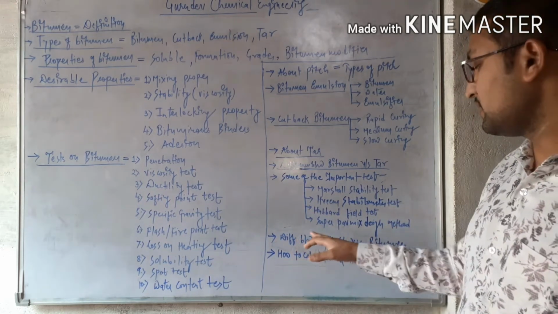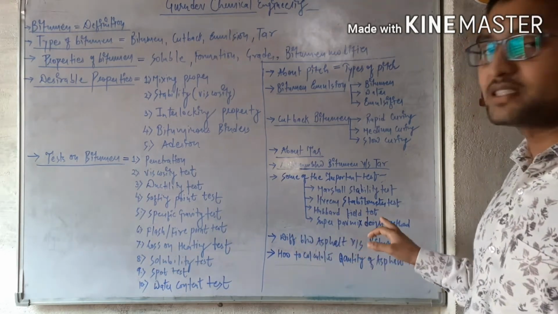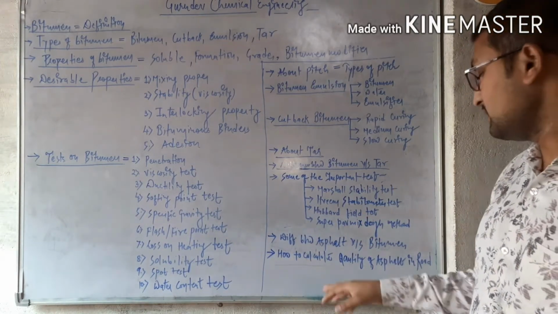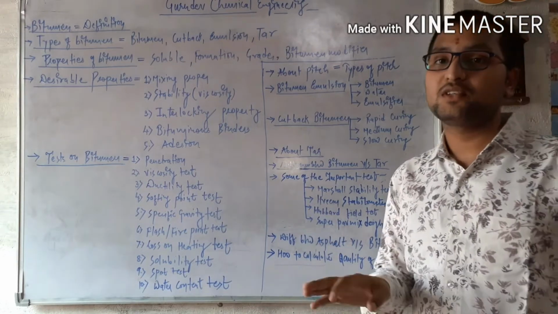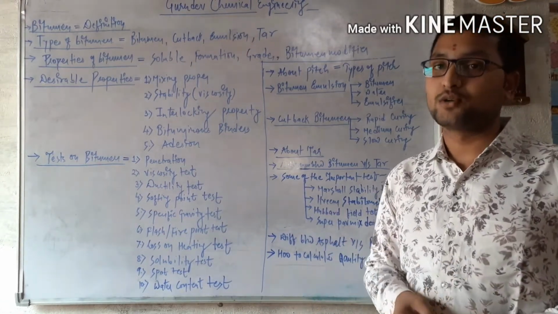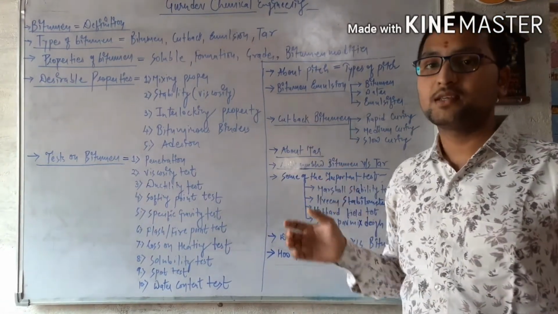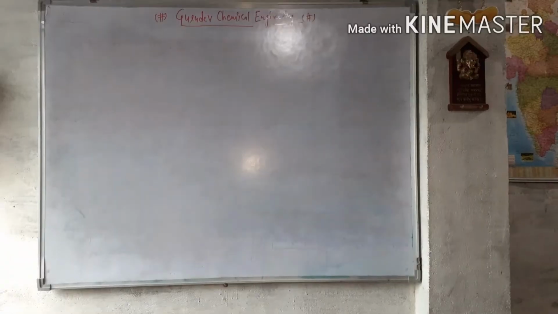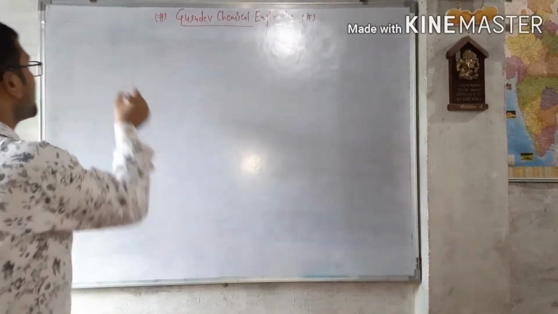We will also know the difference between asphalt versus bitumen, and how to calculate the quantity of asphalt used in making a road. So we will cover these topics in our video, so please watch. So let's start our video.